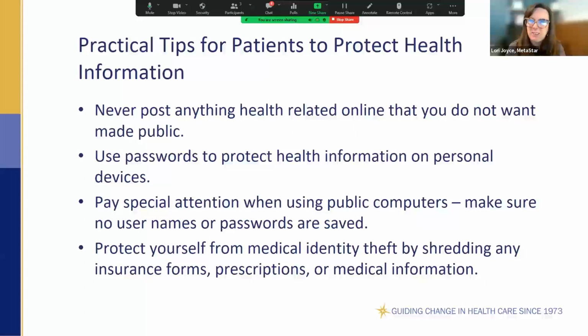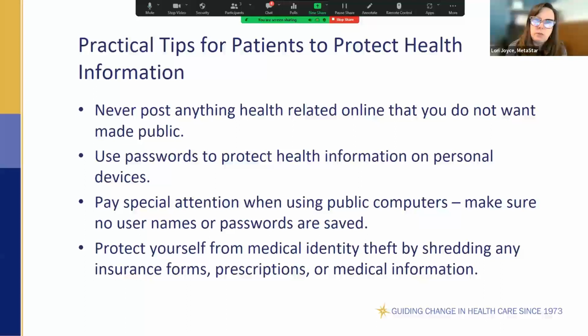And for many patients, and I'm sure you can think of your patient population in particular, you need to keep it very, very basic. They don't know a whole lot about encryption and all of the technical jargon that goes with it. But here are some tips that I think would be helpful.